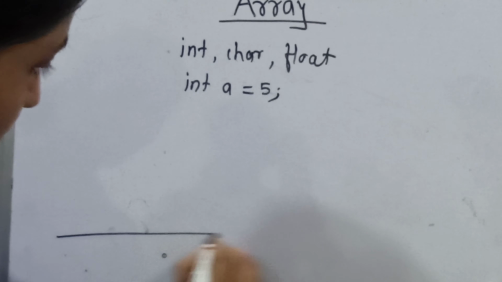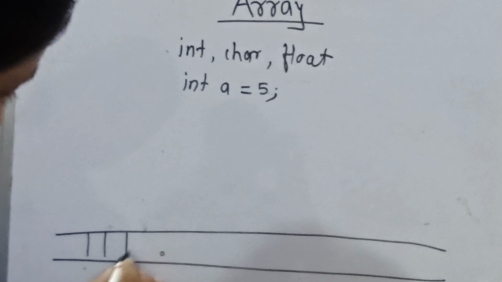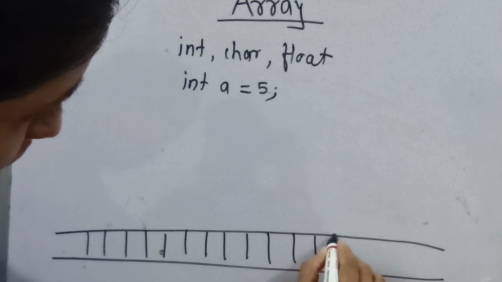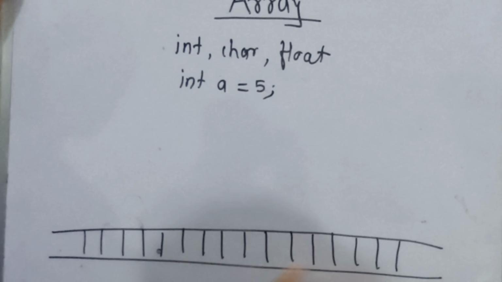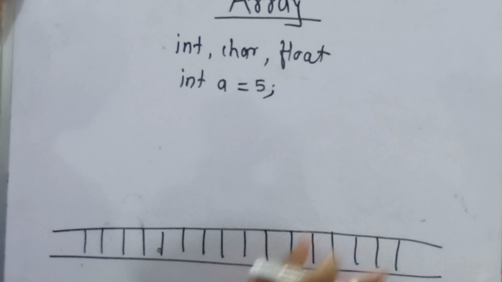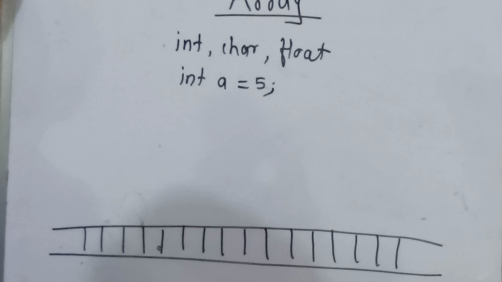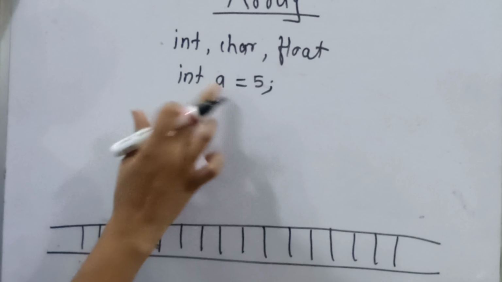Suppose these are the memory locations. You can draw them vertically also, but for space utilization I have drawn it in the horizontal direction. Now this a is the integer variable.